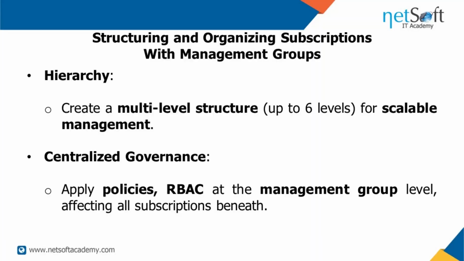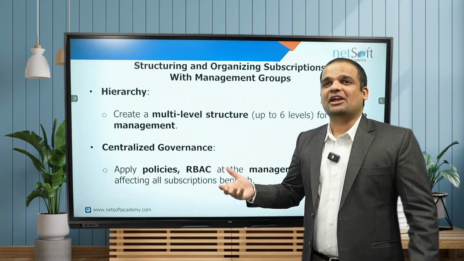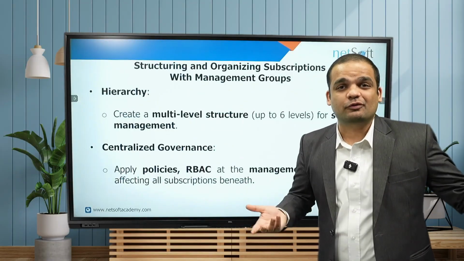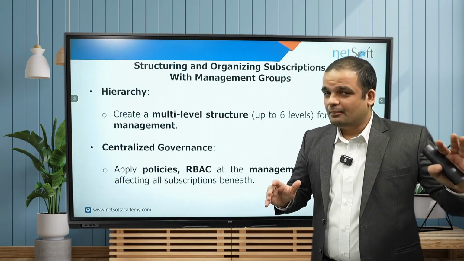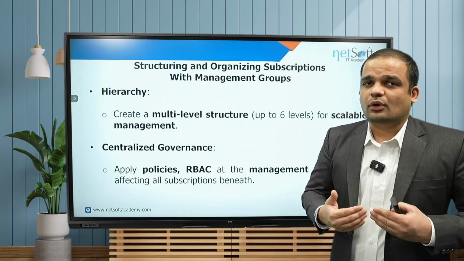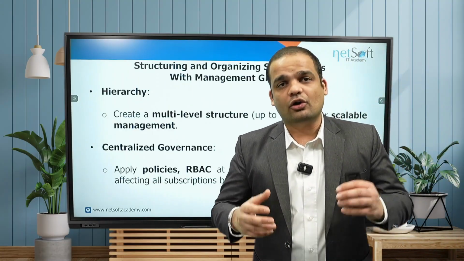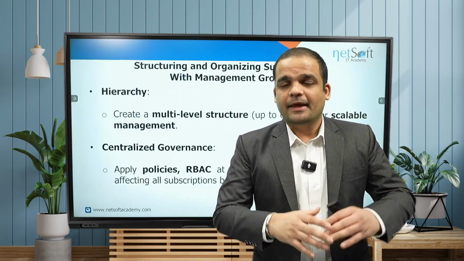Now, if we move forward, we'll see how we can structure and organize subscriptions with management groups. It's a quick recap. We already know you have to create a hierarchy. You have 6 levels in your hierarchy, but you don't have to use all the levels. You can put multiple subscriptions in your root management group if you want. But my suggestion is, please don't put all the subscriptions in your root management group.